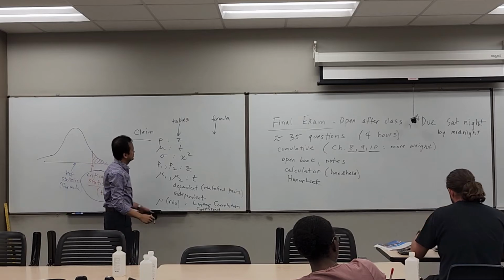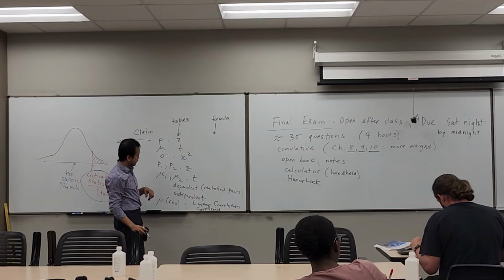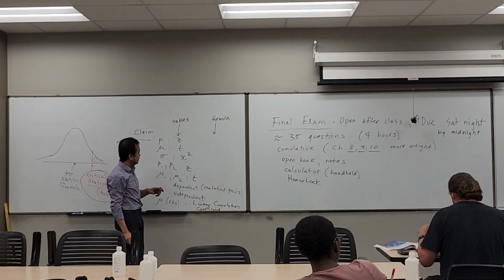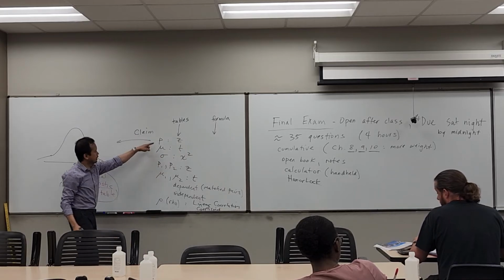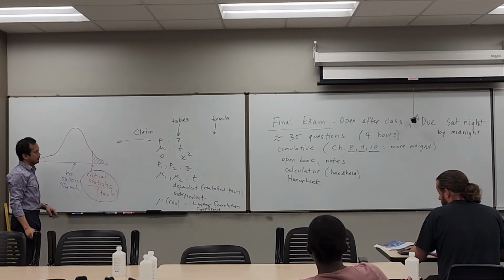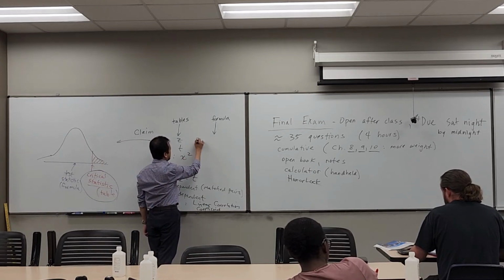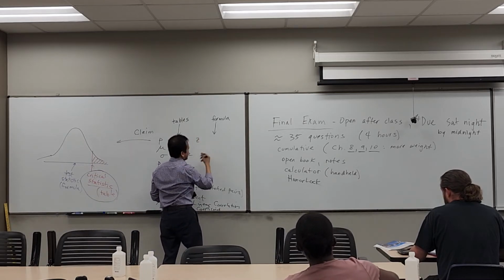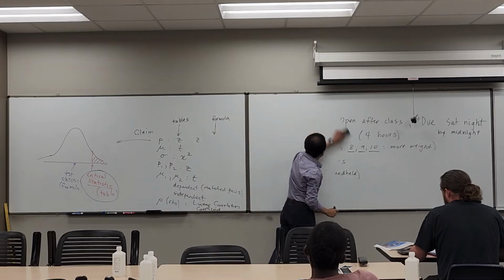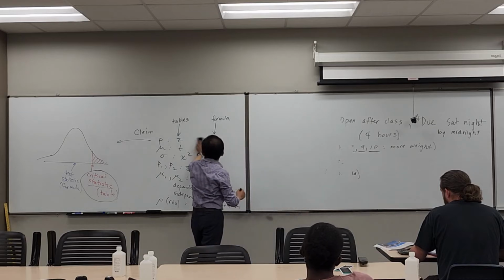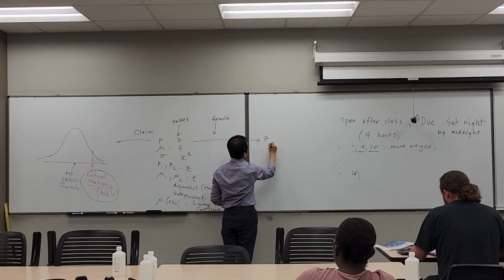Should we write the formulas out? I don't know if it's easier to write the formulas or maybe write just the sections in the book. But I'll start with trying to write the formula. So, if the claim involves one population proportion, then the formula that we use for the z-test would be z alpha divided by 2 multiplied by the square root of x minus n divided by the number.